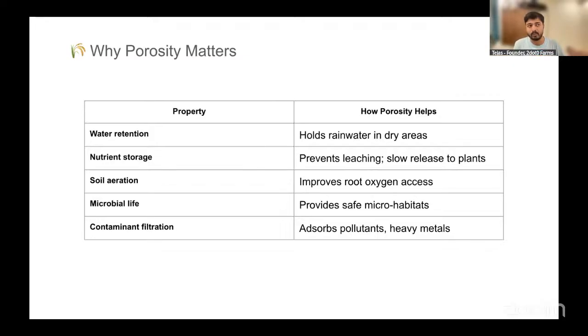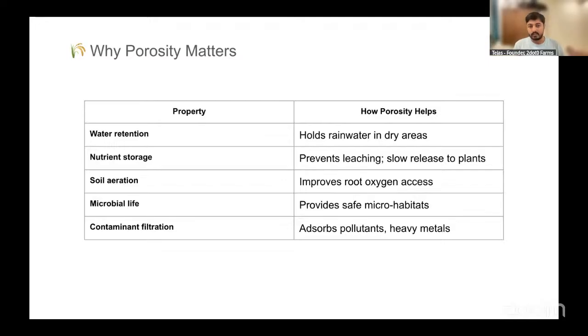Even if someone puts too much urea into their farm, the biochar can hold on to the nitrogen that comes out of the urea and not let it leach when there is heavy rain. It then allows slow release of that same fertilizer to plants instead of wasting it with rain.